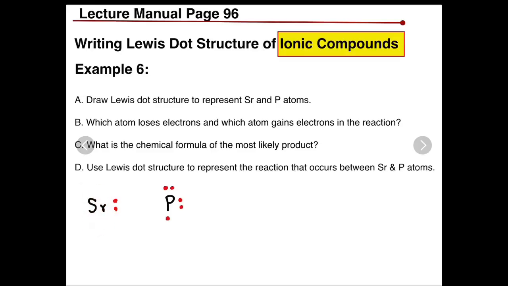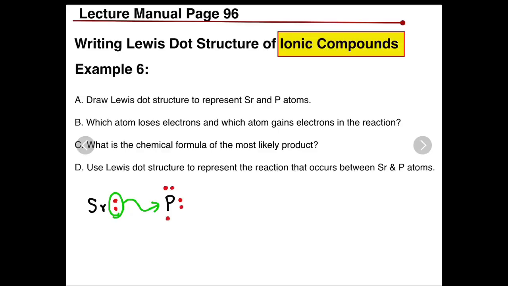Therefore, strontium would transfer these 2 electrons to phosphorus. But then phosphorus would not contain a total of 8 electrons. It's going to be only 1, 2, 3, 4, 5, 6, 7. It's going to be only 7, which means this is not right. There is something that we need to include here.